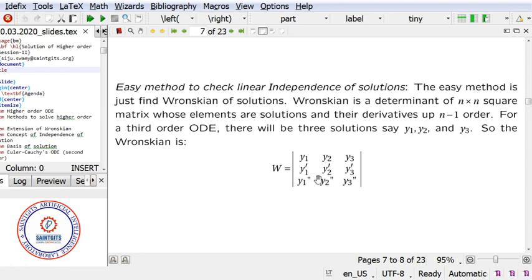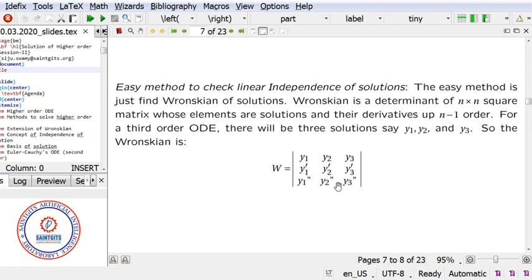Here note that if y1, y2, etc. yn are solutions, we write first row with these solutions y1, y2, etc. yn. In this case I consider only 3 solutions y1, y2, y3. That is why that 3 solutions come in the first row. Then second row is actually the derivative of the elements in the first row.